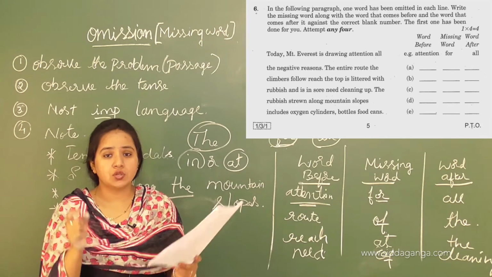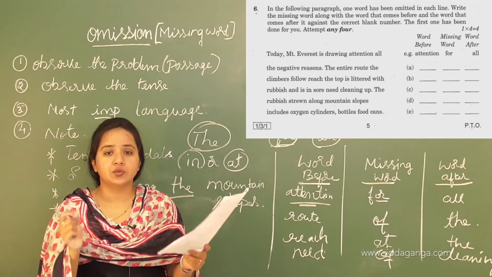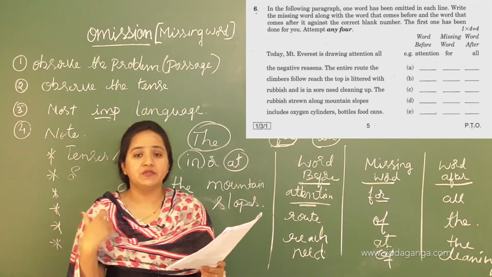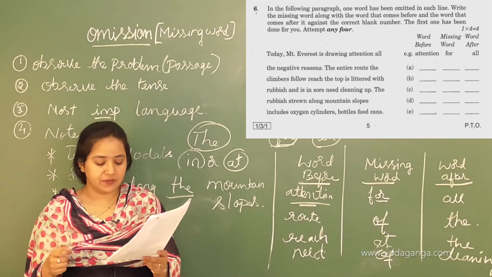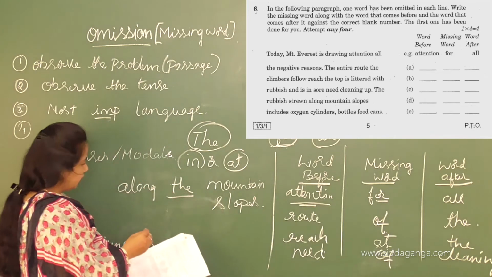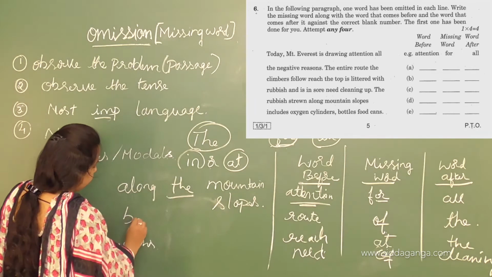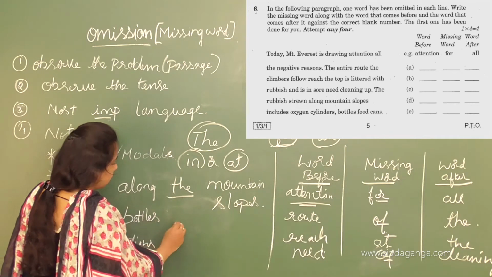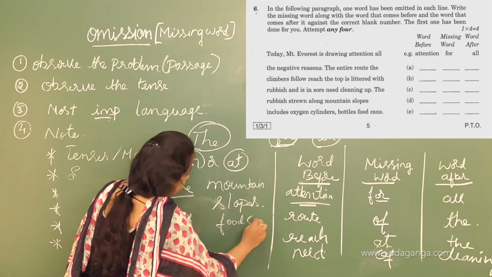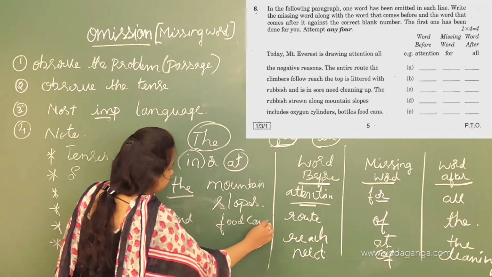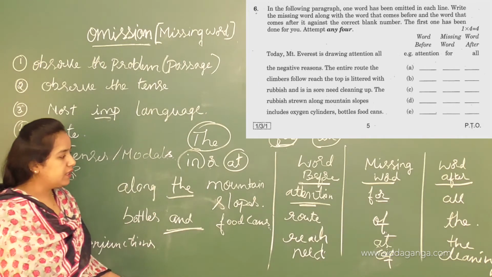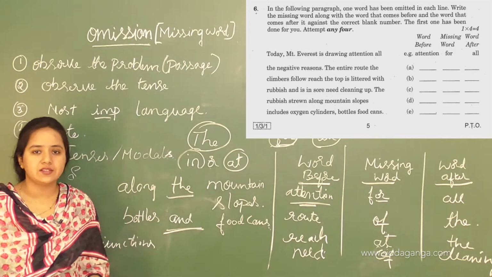When we join two words or two sentences, we need to use a conjunction like some, few, but, like this. But here the right conjunction is "and". So the word before is bottles, then "and food cans". Then the sentence is complete, and the whole passage is complete.